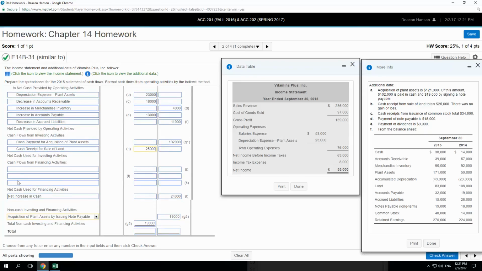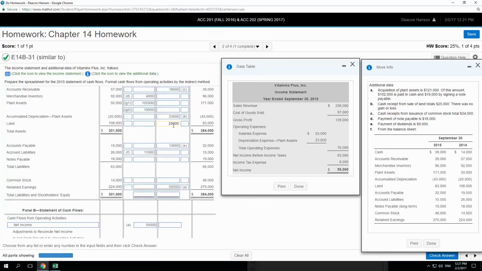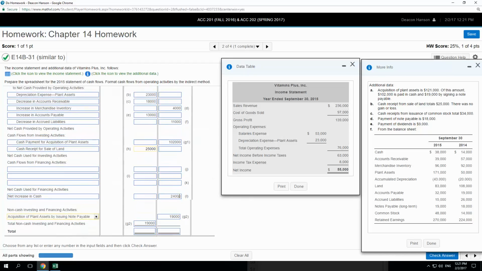Now we're going to do financing activities. Cash receipts from the issuance of common stock, 34. So common stock is increased by 34,000. And I'm going to eyeball it real quick. 14,000 plus 34,000 should be 48,000. So we'll come down here.